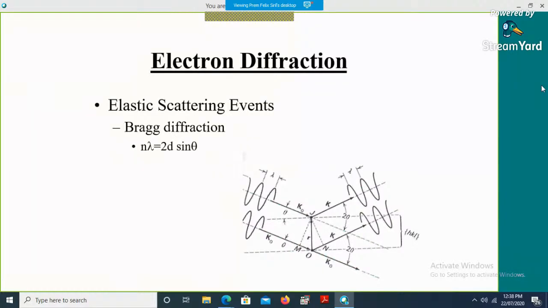Depending upon the crystal planes in the sample, the diffraction will be different, and hence you can find out the distance d between the planes. So nλ = 2d sin θ.